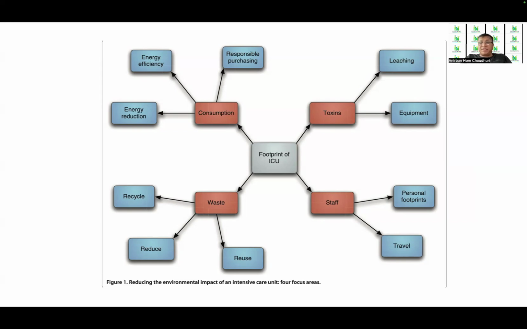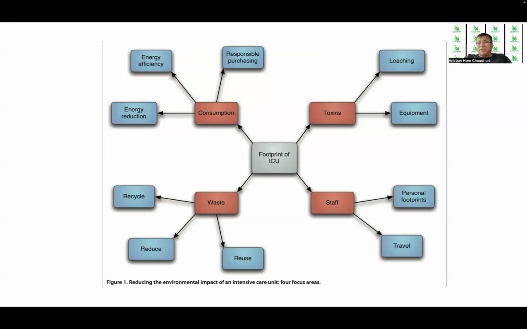The staffing: we know that the personal footprints, the travel, and the feeding and food habits of the staff, as also of those who are part and parcel of the ICU, can also affect the environment. So simple measures like, if someone is taking a printout, using both sides of the paper can reduce it.